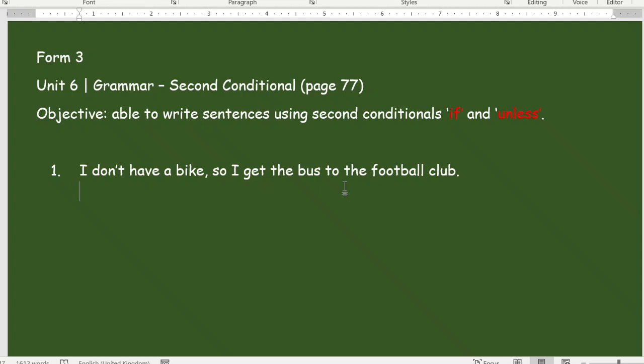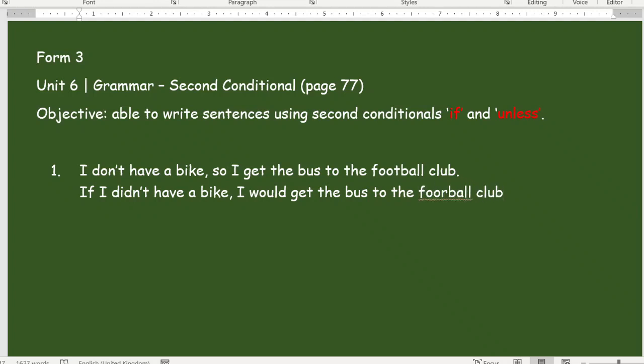So if you use the word if, you say if I didn't have a bike, and you don't need so anymore when you use conditional. If I didn't have a bike, you need to put would get the bus to the football club, like this.